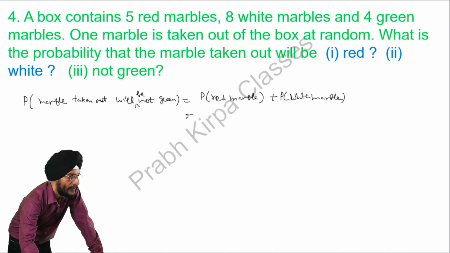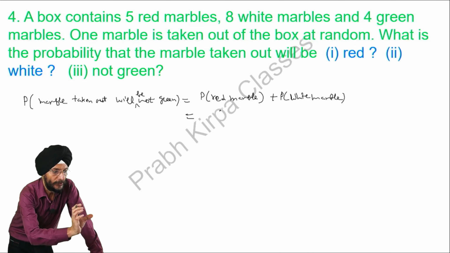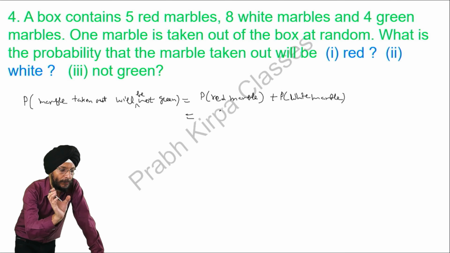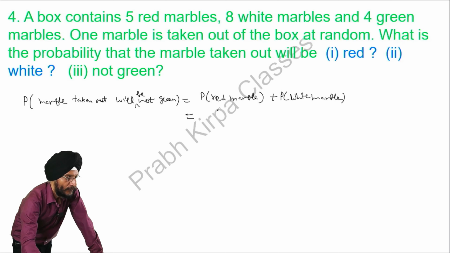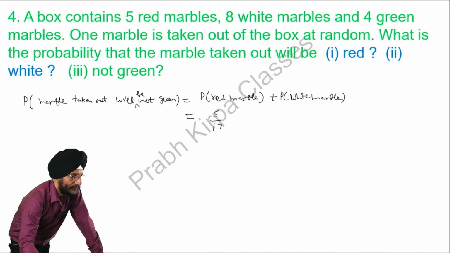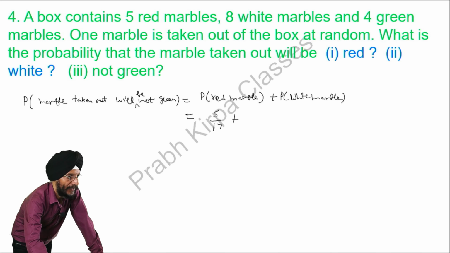We have to sum up the both, probability of getting red marble or probability of getting white marble. We have already calculated the probability of getting red marble is 5/17, and the probability of getting white marble is 8/17.